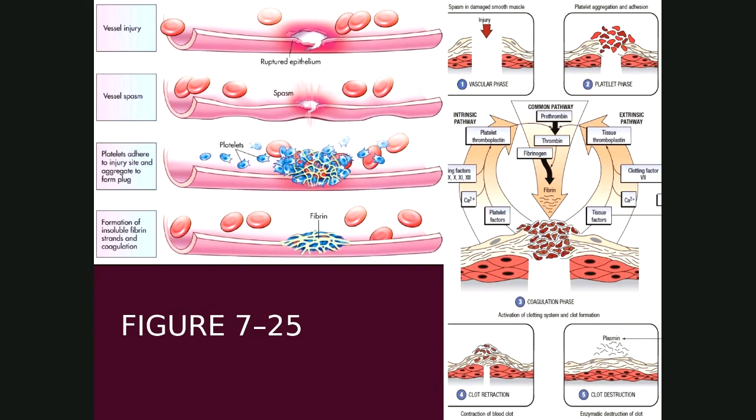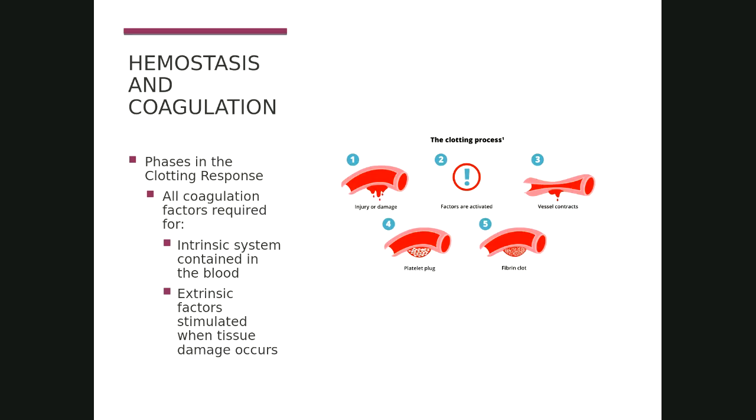The entire process is fast. Hemostasis and coagulation phases in the clotting response: all coagulation factors are required for the intrinsic system contained in the blood, and the extrinsic factors are stimulated when the tissue damage initially occurs.